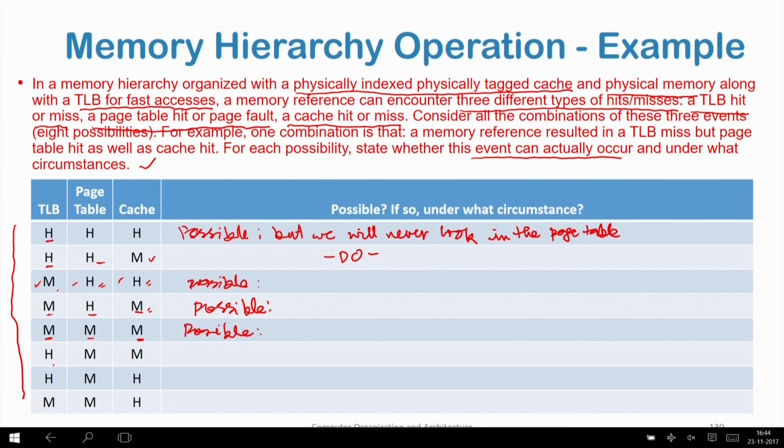Now, let us see the next case. I have a hit in the TLB, but I have a miss in the page table. Is this possible? This is not possible, because the TLB acts as a cache for the page table. So, if I have a hit in the TLB, the entry must also be there in the page table.